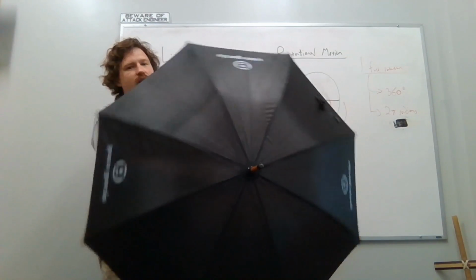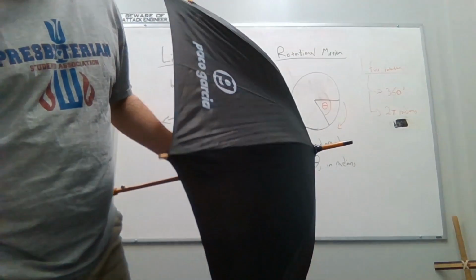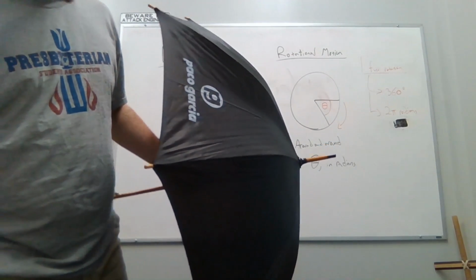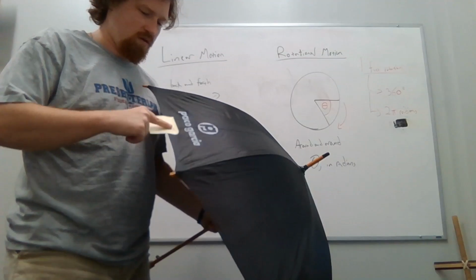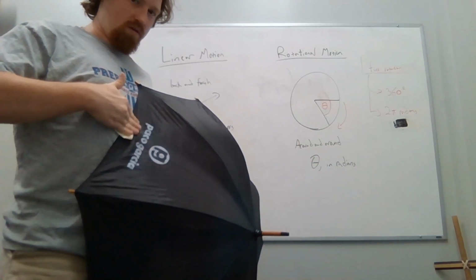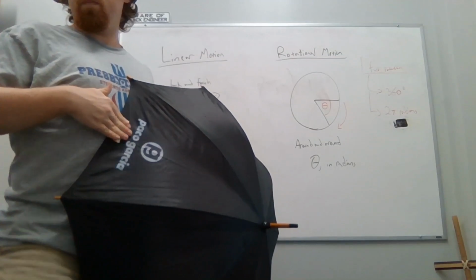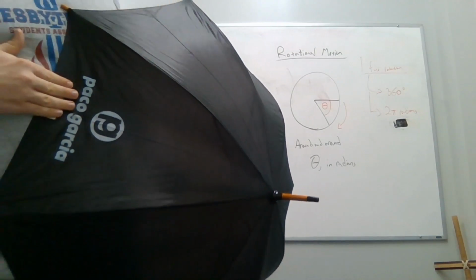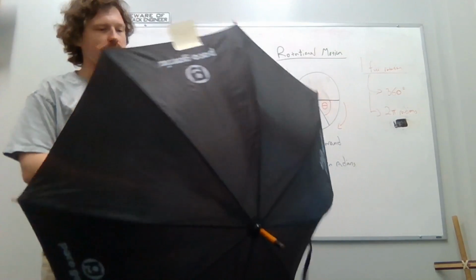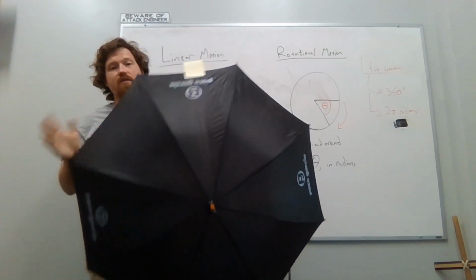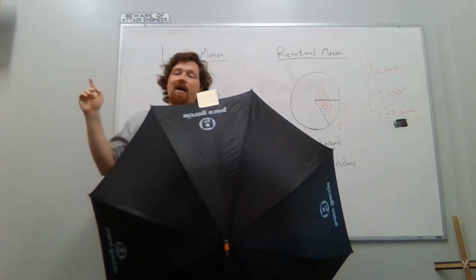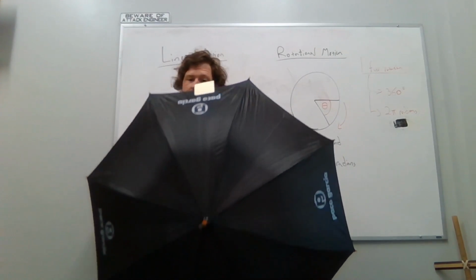The umbrella is staying in one spot, and the sticky note keeps falling off, so I just have to fix that. The umbrella is not actually moving linearly.